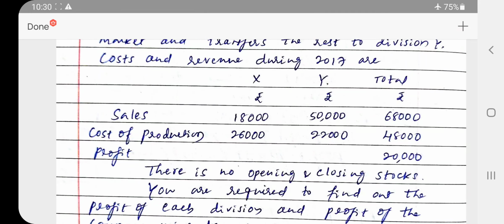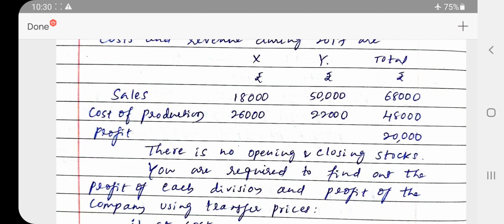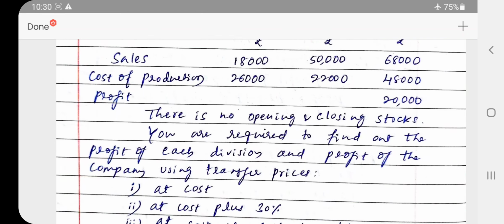Sales are 18,000 for X, 50,000 for Y, and 68,000 total for the company. In the same way, cost of production is 26,000 for X, 22,000 for Y, and 48,000 total for the company, and profit is 20,000. They also said there are no opening and closing balances; closing stock information is not given here. Only by this information we need to calculate the profit of the different divisions in the company.